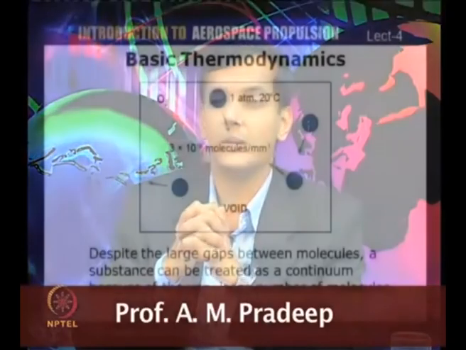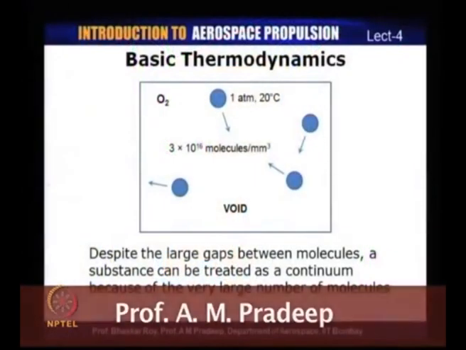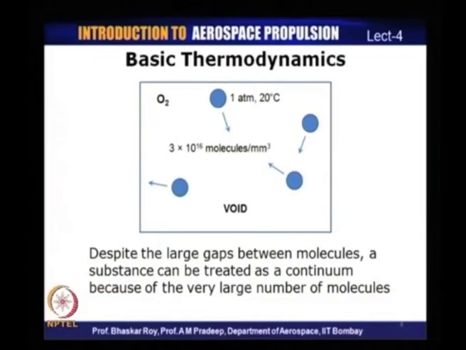Just let me explain what we mean by the continuum approach with a small example. For example, if you look at oxygen as a particular gas that we are interested in, as you see here in this bounding box, we have oxygen as the medium present. As we know, in the gaseous phase there is a lot of random or Brownian motion of the molecules.